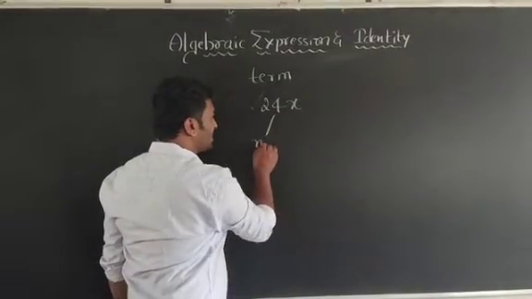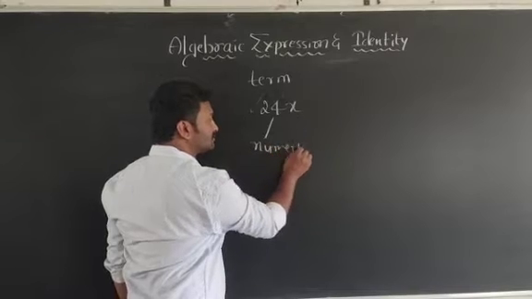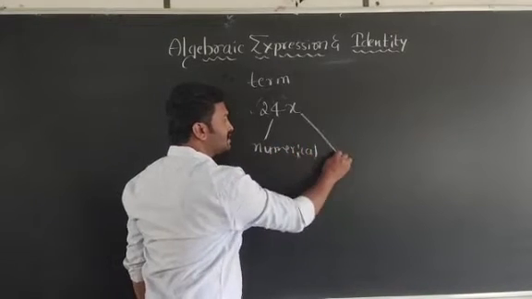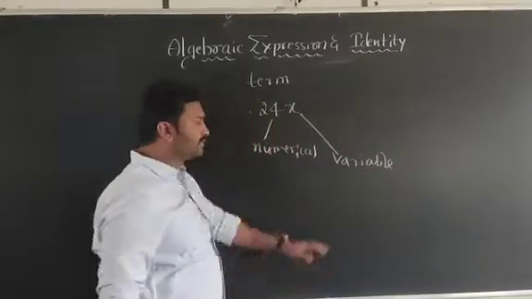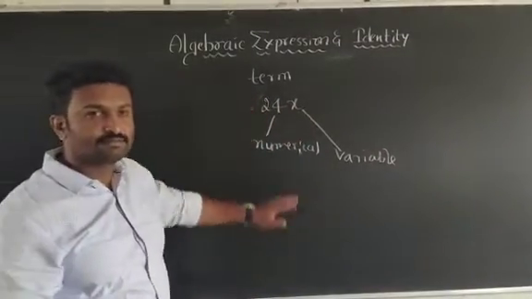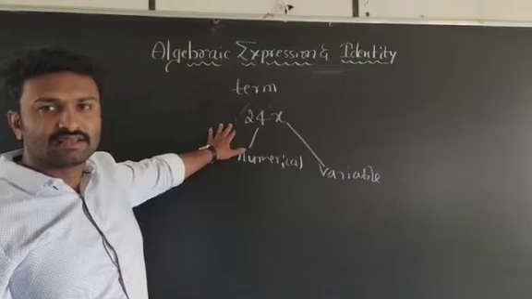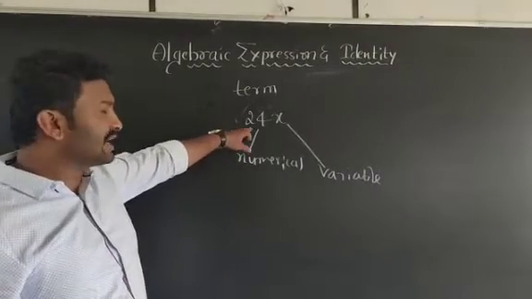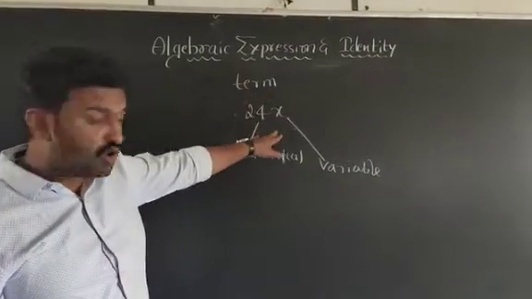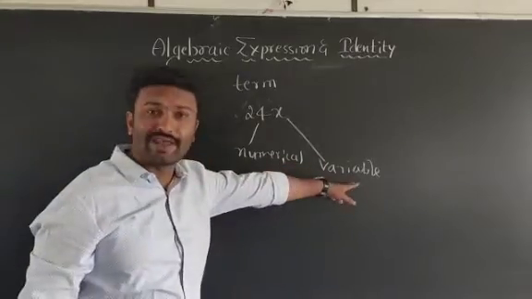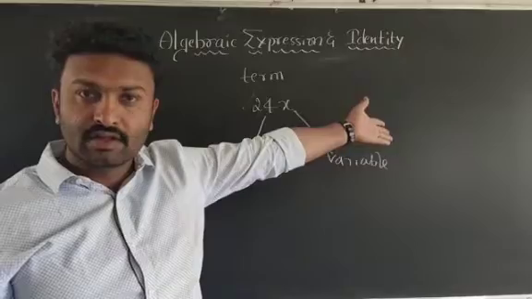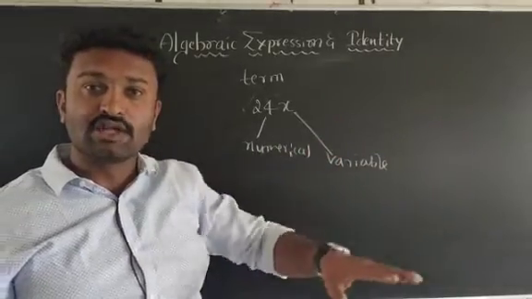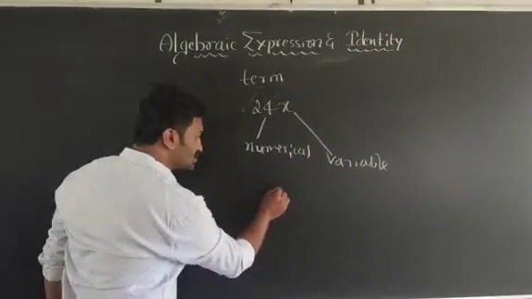This one is called numerical and this is variable. This 24x is the combination of numerical and variable. You can take any variable from A to Z to denote a term. And this is also a term.